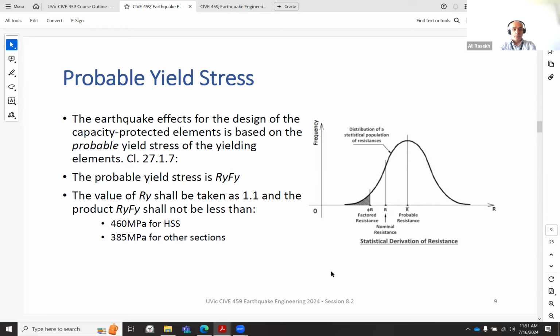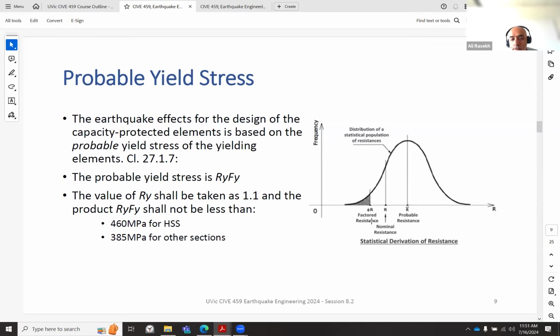The value of Ry is about 1.1, and the product Ry Fy has a minimum. For HSS, it's 460 MPa, and for other sections it's 385 MPa.